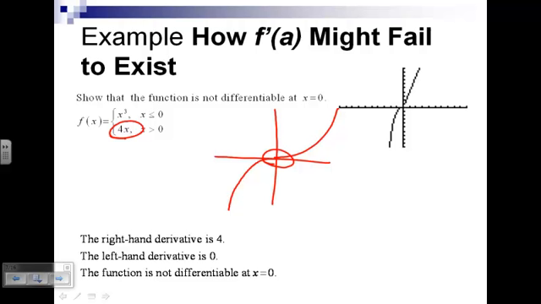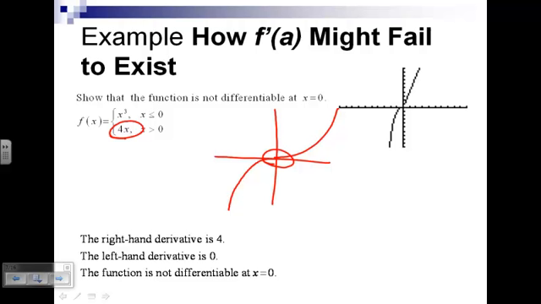Is it differentiable other places? Yeah. Sure. All on the right-hand side, all those slopes are known. They're 4. And if we know the shortcut, all of the derivatives on the left-hand side are findable: 3x squared. So what you're saying is the left-hand derivative is 0 when approaching 0? When you're approaching 0, the left-hand derivative is 0.